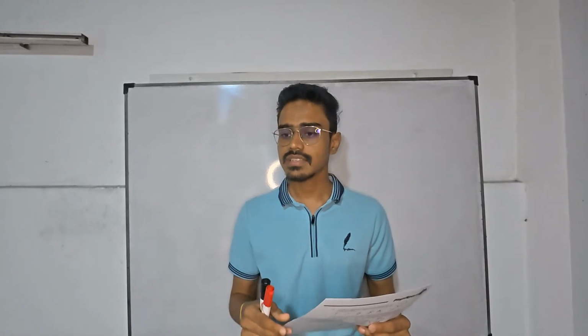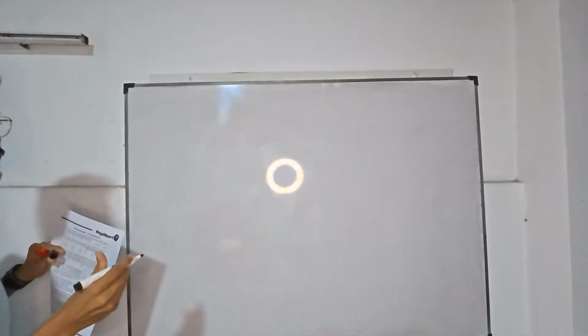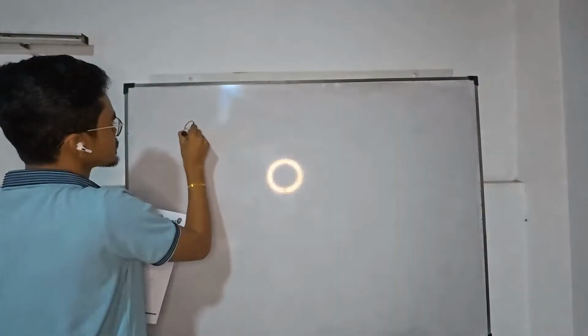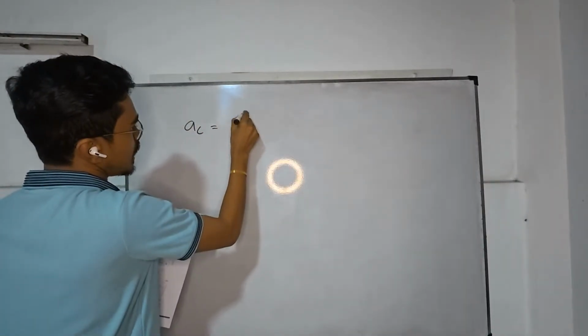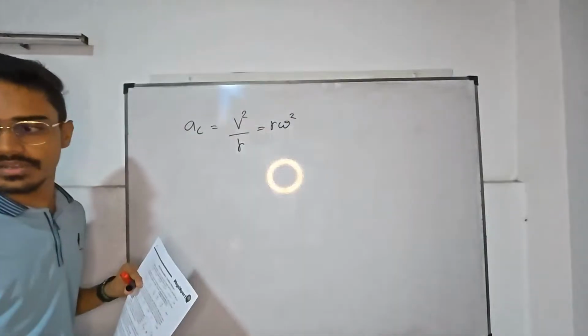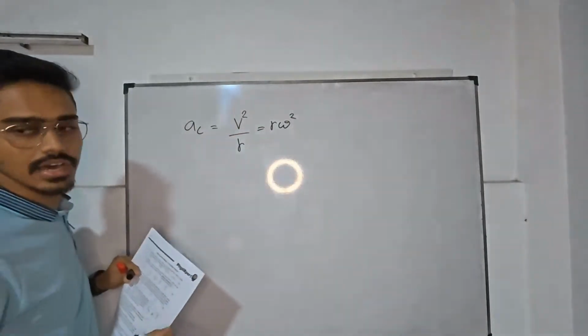So what they ask is about centripetal acceleration, and the period is given. We know the equation of centripetal acceleration is either v squared over r or r omega squared.